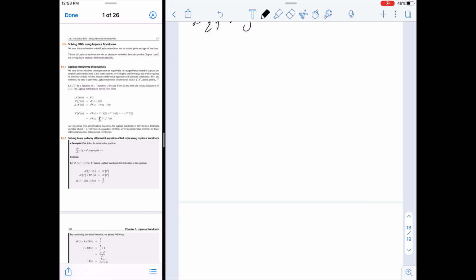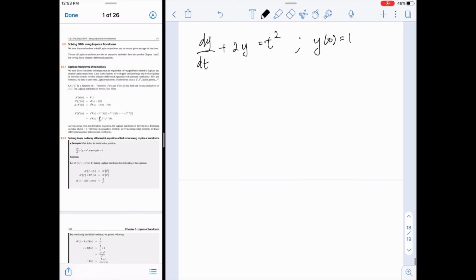If you have one question where you want to solve dy/dt plus 2y equals t squared, with one boundary condition, y(0) equal to 1. We have actually covered this type of equation in chapter 1, first order differential equation.